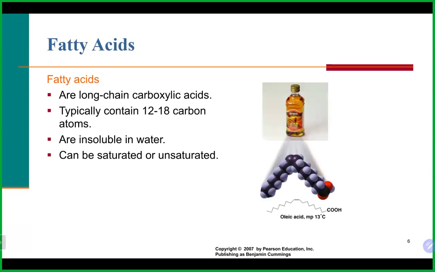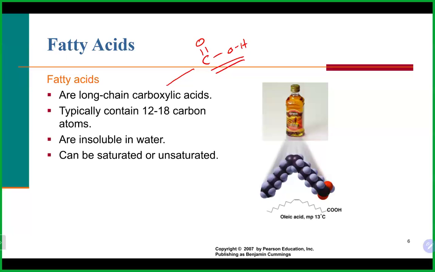So let's start with what fatty acids are. Fatty acids are long chain carboxylic acids. Just like in organic chemistry, that means it's going to have our carboxylic acid group at the end. It typically will contain 12 to 18 carbon atoms. Because of that, they're going to be pretty insoluble in water, because that's a pretty big carbon chain.